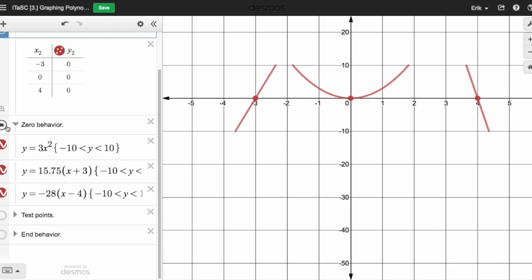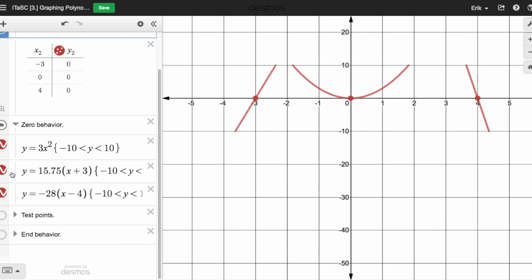That was what we came out with. We had 15.75 times the quantity x plus 3 as one of our equations. And then the other one was -28 times x minus 4. So for the 0 at -3, that's an upward moving curve, rising to the right, falling to the left. Then for 4, it was rising to the left, falling to the right.